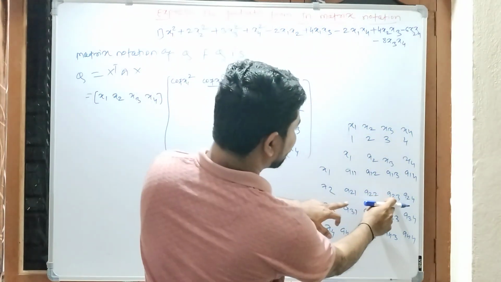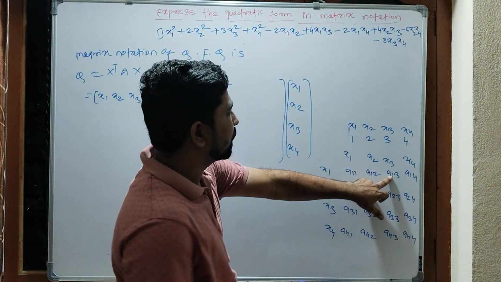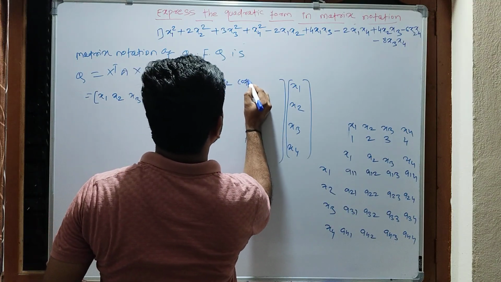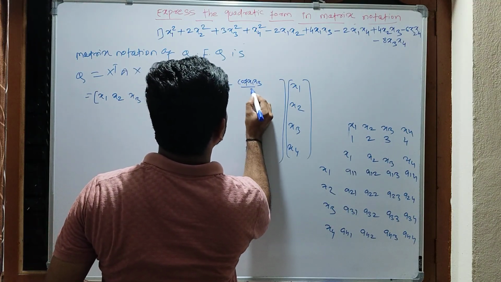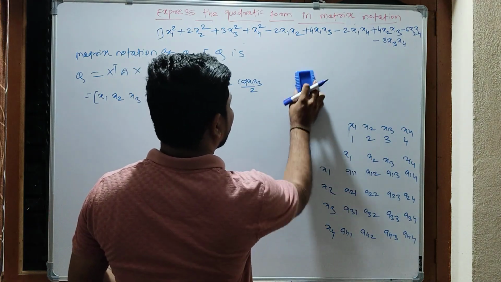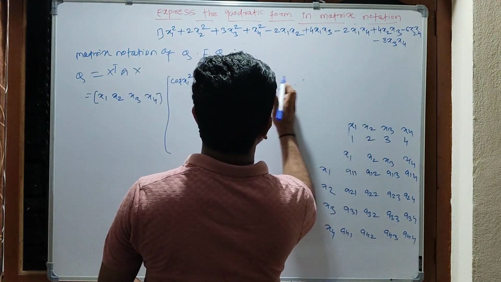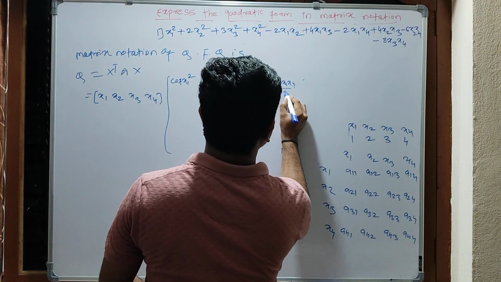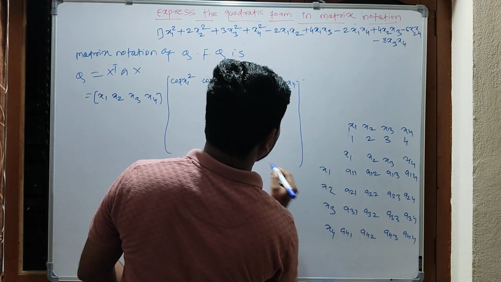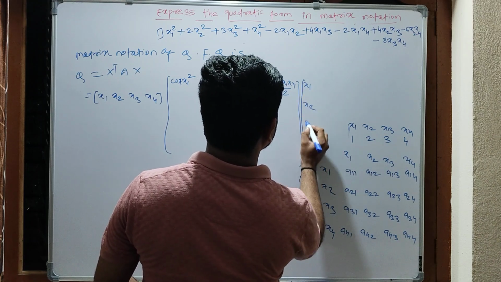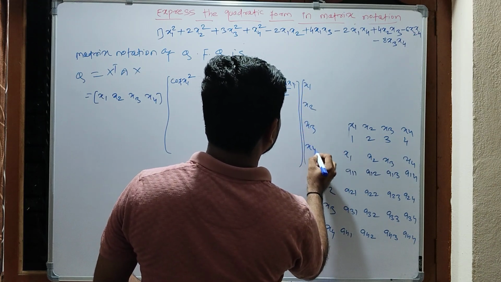At the next position, from x1 and x3, the coefficient of x1 x3 divided by 2. Then the coefficient of x1 x4 divided by 2.